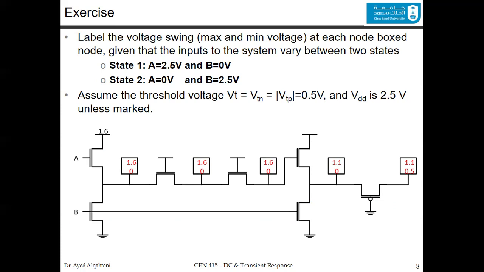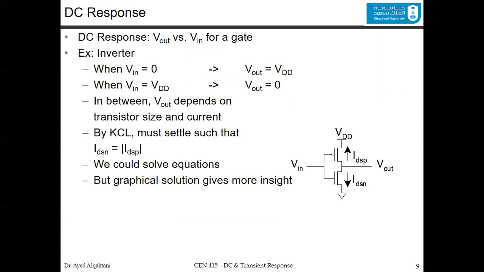Now, after discussing the pass transistor voltages at different terminals, we will talk about the DC response. So what do we mean by DC response? It's the relation between the voltage at the input versus the voltage at the output of a certain gate.